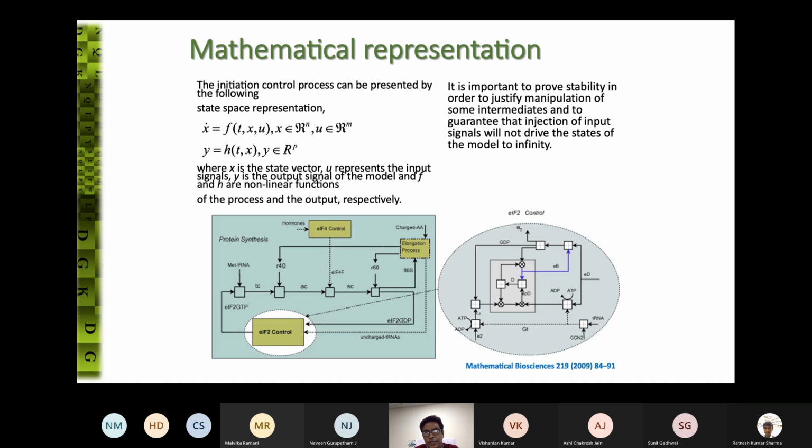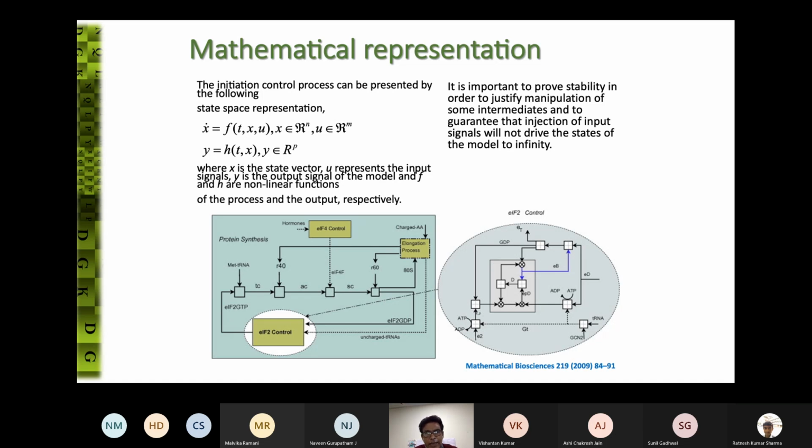But here you see that you're looking at even the level of proteins, at how these concentrations are changing. Now let's come to this equation. This equation is something that is very general. If there are students here from the mathematics and physics departments, they'll recognize this as the most general form of writing a nonlinear equation.